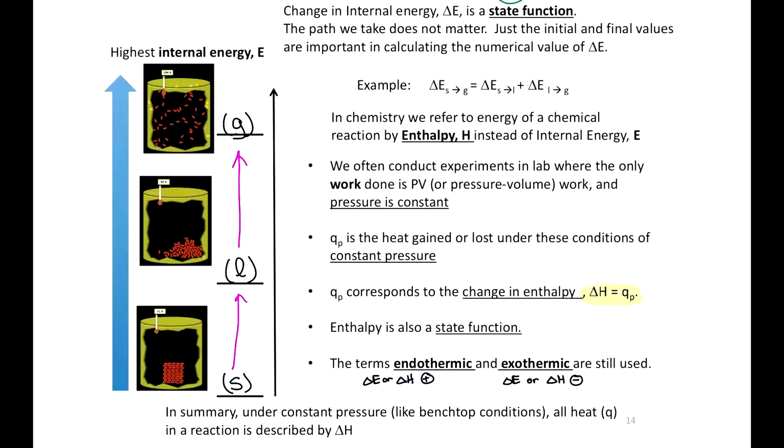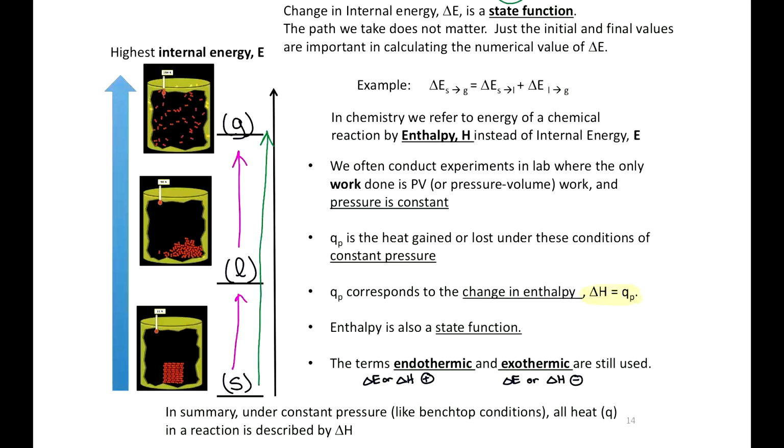But what we can say about delta E being a state function is it doesn't matter the path we take to go from beginning to end. So the energy to go from solid to gas, like if we wanted to go from this energy place to the gas one, is the same energy it takes to go from solid to liquid to gas.